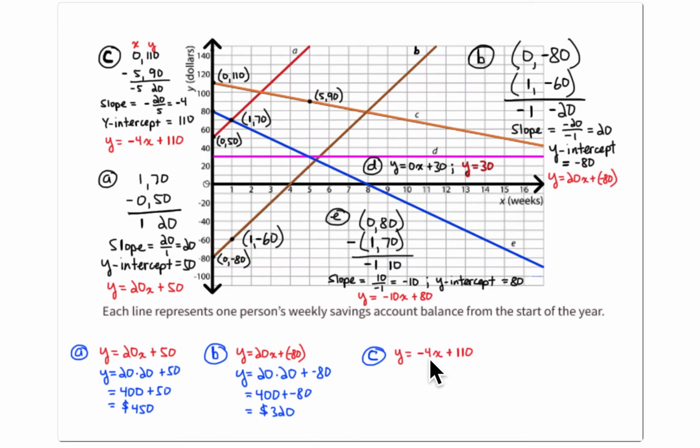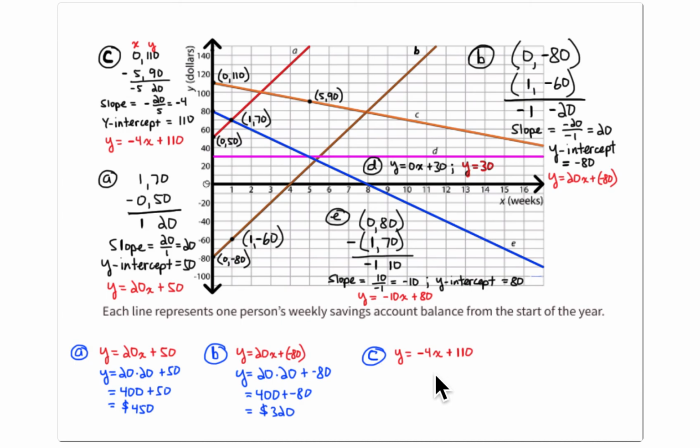For C, this person, C is right here, this person is spending money at a rate of $4 each week. Now they actually don't go into debt over 20 weeks, but they realize from their graph and the equation that they better change, they better do something different to avoid going into debt. So they cannot continue to spend money at $4 each week.